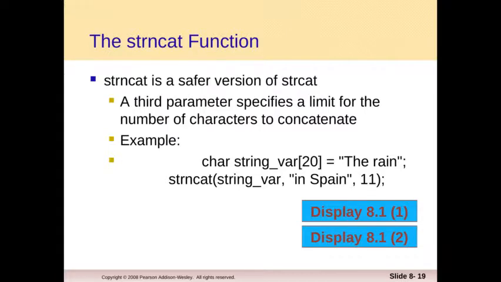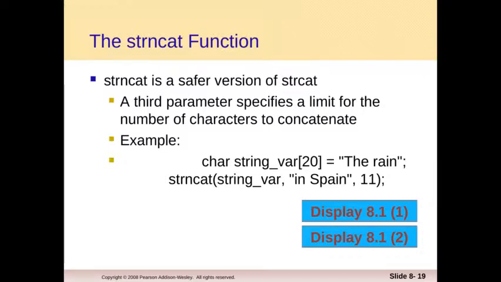Okay, maybe I should back up and take this on again, because I did mix two concepts there. strncpy requires you to know the length of the target, and it requires you to put that extra \0 in the last position of the target. strncat requires you to know the declared size of the target and how many characters are already in there in order to have the number of characters at most that can still be copied on there.